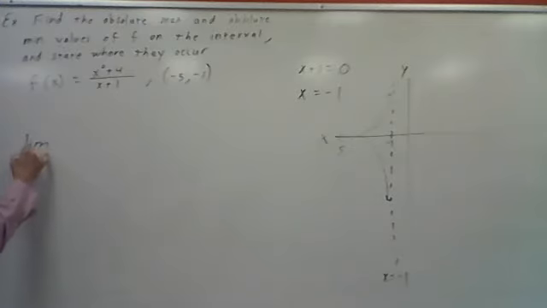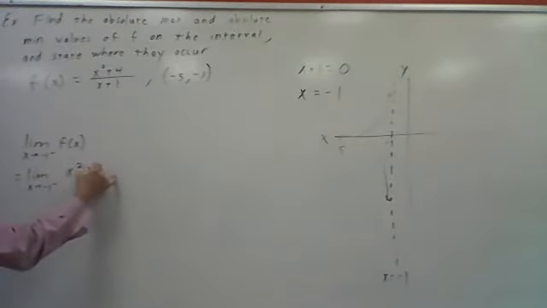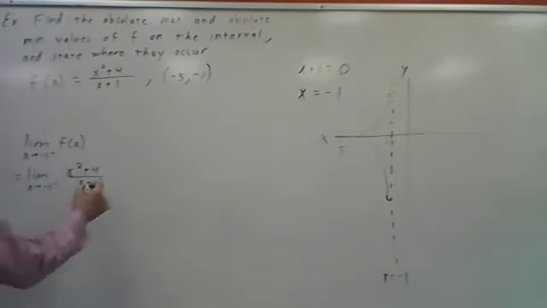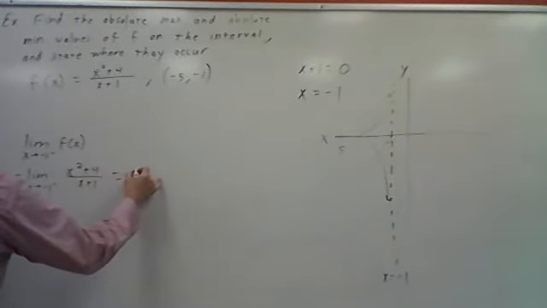Limit as x approaches -1 from the left of f of x, the same thing as the limit as x approaches -1 from the left of (x squared plus 4) over (x plus 1), because that is what f of x is. I'm going to let y'all take that limit, so I don't make this video too long.